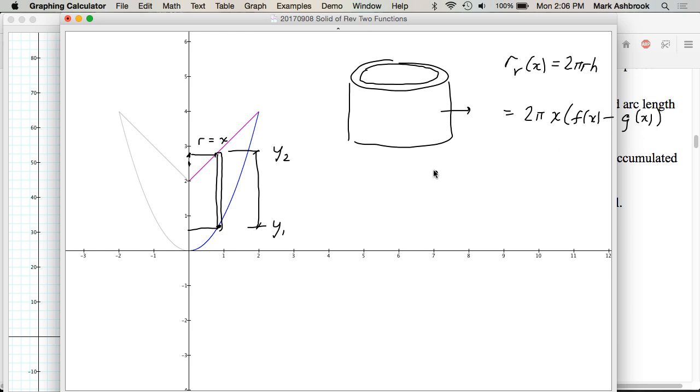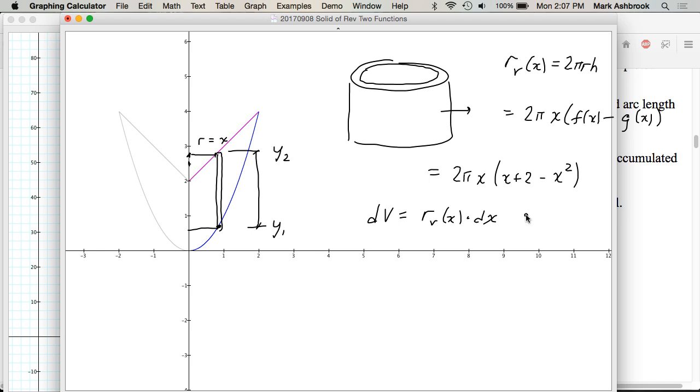So 2 pi x, f is x plus 2 minus x squared. So there's our rate function. And so now how do we get a little bit of accumulation of volume? A little bit of accumulation of volume, or dV, equals the rate times dx, right?